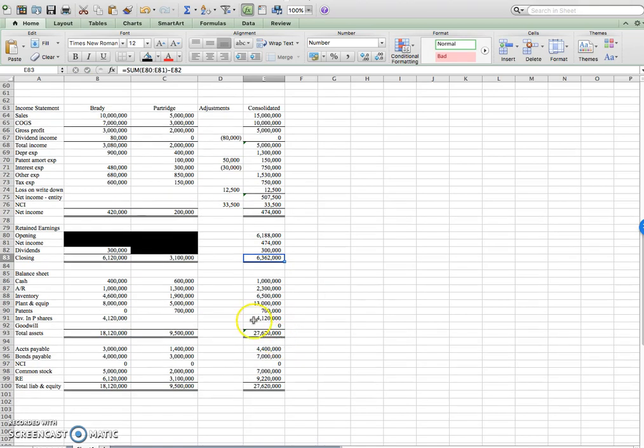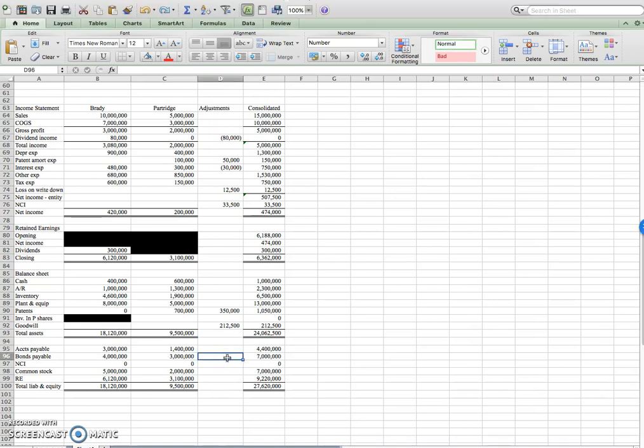After this, we want to continue down and hit the balance sheet. So the patents are now going to be increasing by 350,000. Our investment in P shares will be deleted altogether. And our goodwill will now show to 12,500.